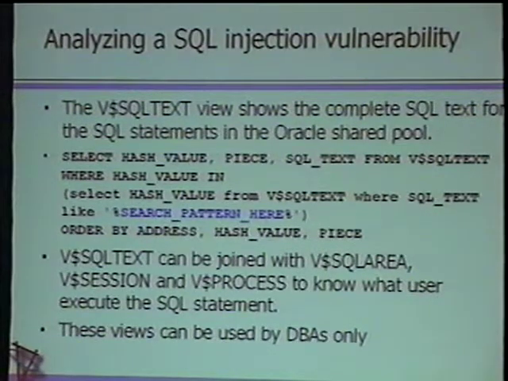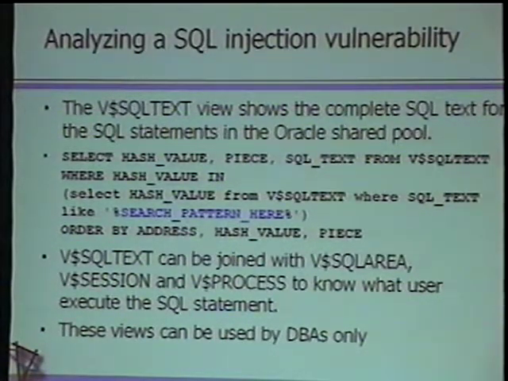For that, we will use the V$SQLTEXT view. That is a view that shows the SQL statements in the Oracle shared pool. There we can see an example of a query that can show you this information.